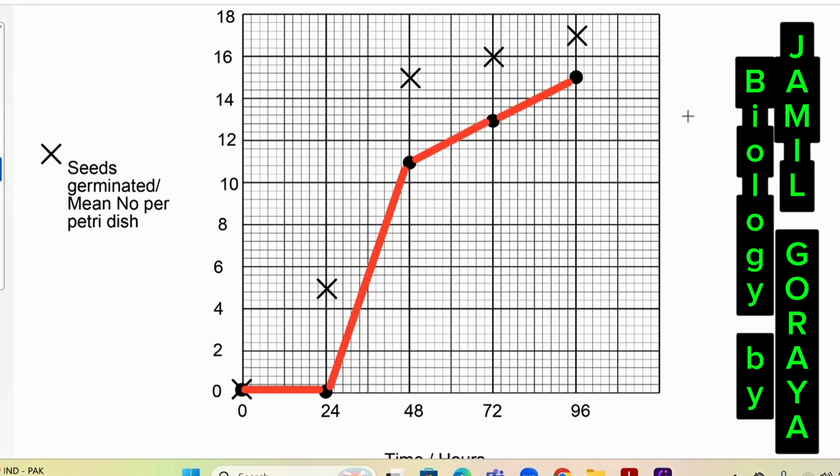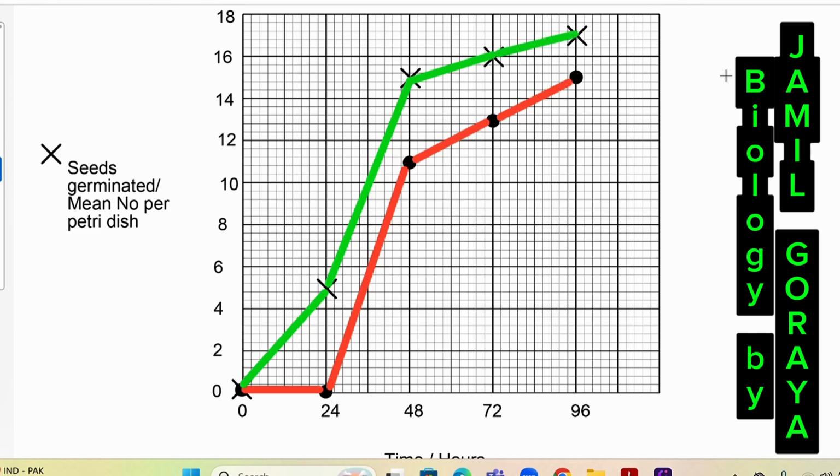This is for the light one. And just for your understanding, I'm changing the color. In paper, you need not change color. Just use same pencil and scale. The first one, the second one, the third one, and the fourth one.